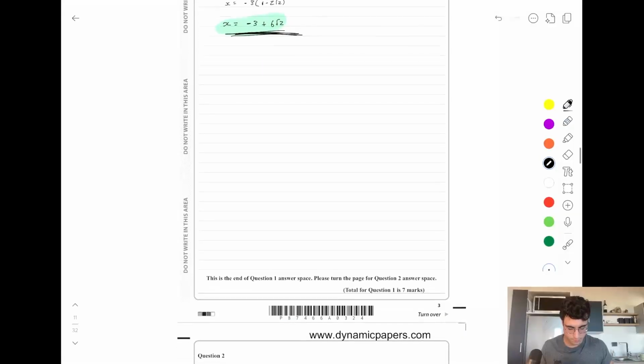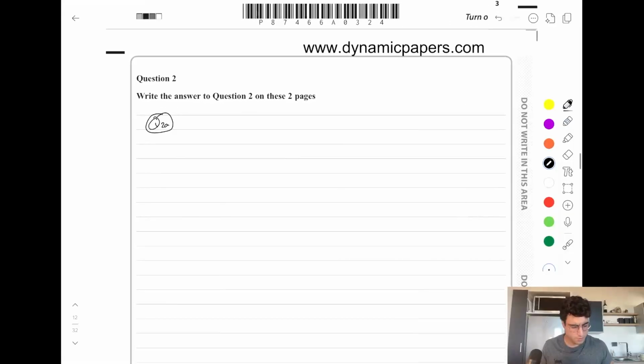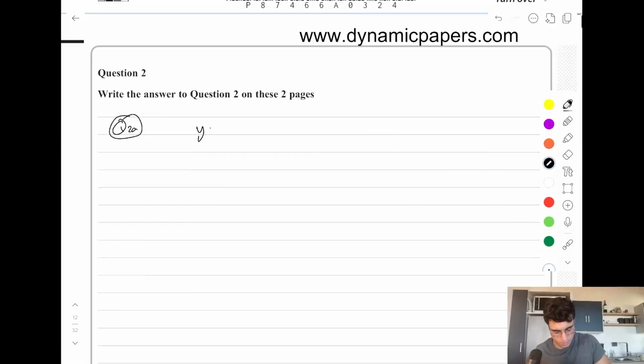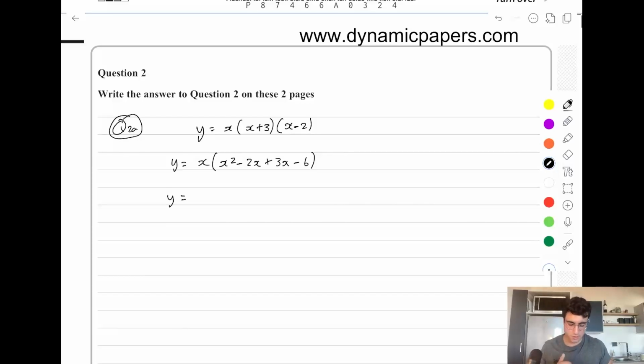So for number 2a, what we have here is y is equal to x times x plus 3 times x minus 2, which means that y is equal to x squared minus 2x plus 3x minus 6. Actually, I'm not going to do that bit yet.